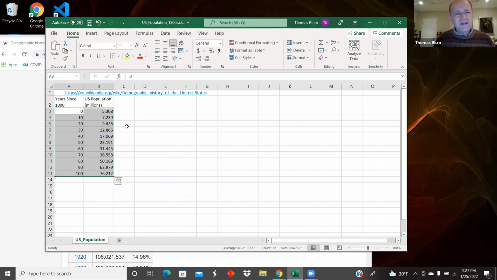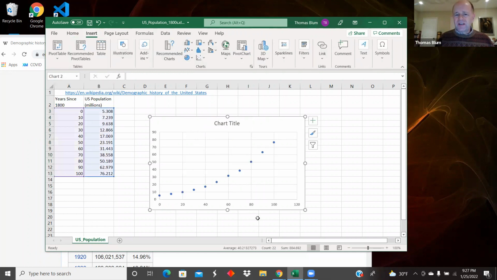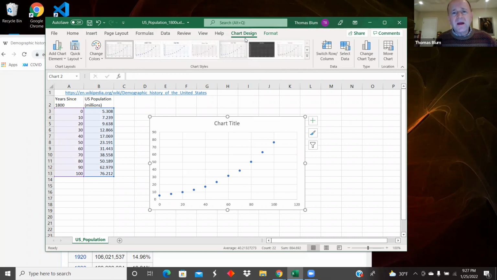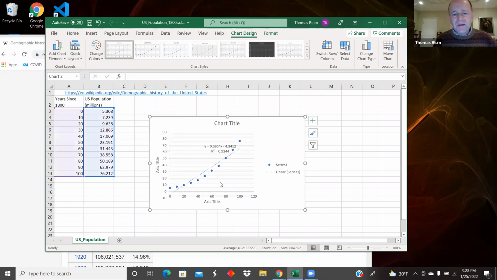I'm going to highlight the data and insert an XY scatter, make a scatter graph here with the chart highlighted. I get to the chart design and I'm going to pick a quick layout number 9, and then I'm going to change the model.